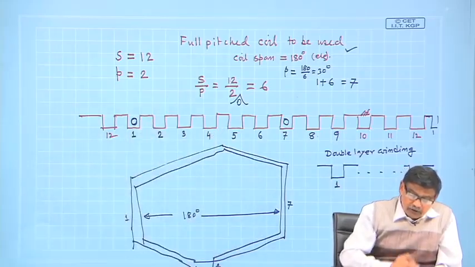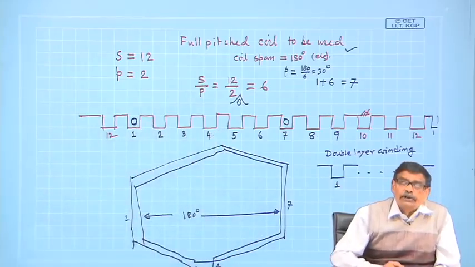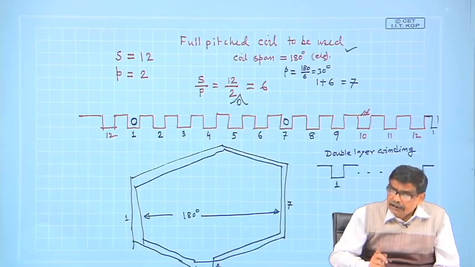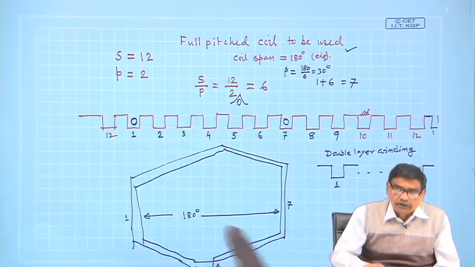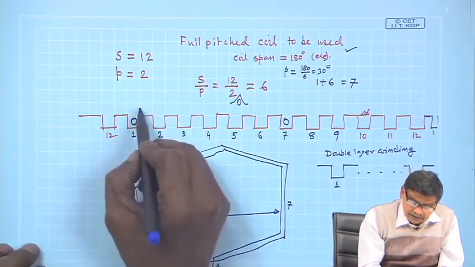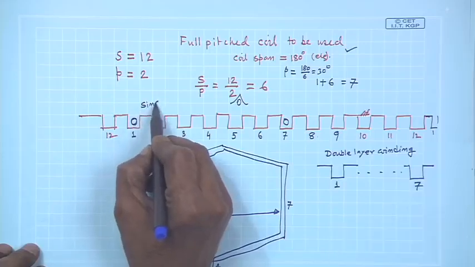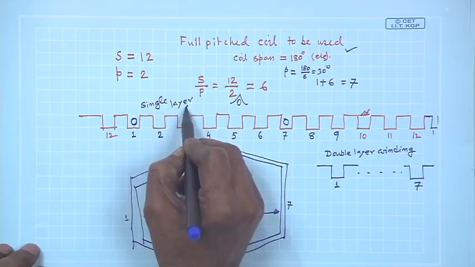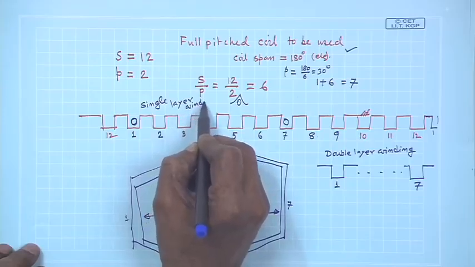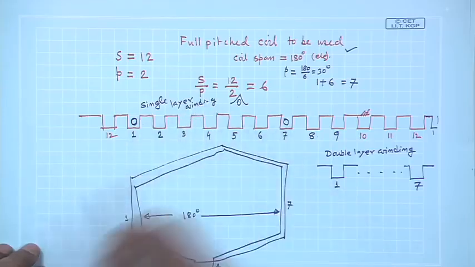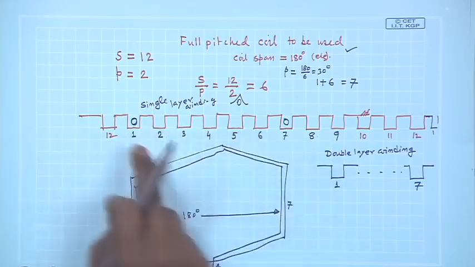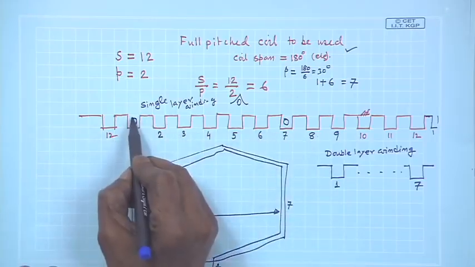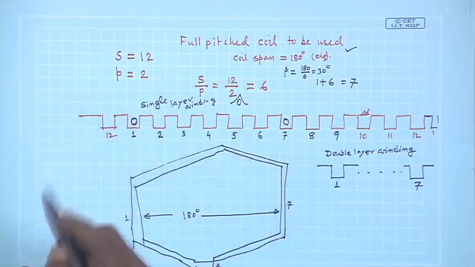Therefore, when each slot accommodates a single coil side of a particular coil, it is called a single layer winding. As shown here, 1 and 7, one coil side, and this coil side of course has multiple turns, a multiple turn coil.